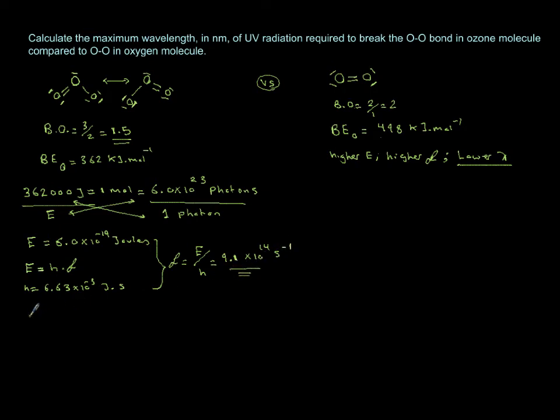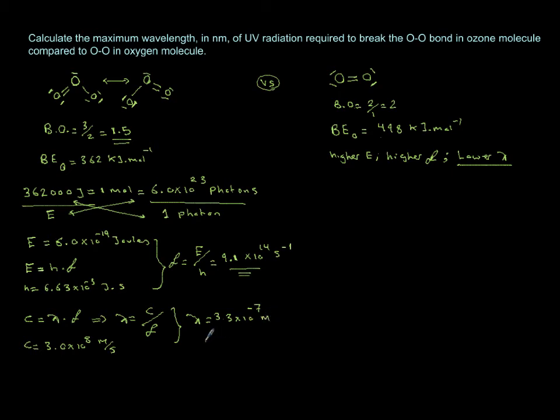In order to find wavelength, we go after another constant. Speed of light is equal to wavelength times frequency. So wavelength is simply speed of light divided by frequency. Speed of light is 3 times 10 to the power 8 meters per second. And after you apply this, the wavelength turns out to be 3.3 times 10 to minus 7 meters.